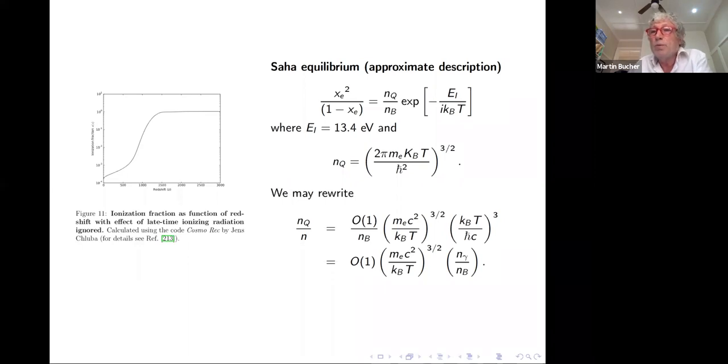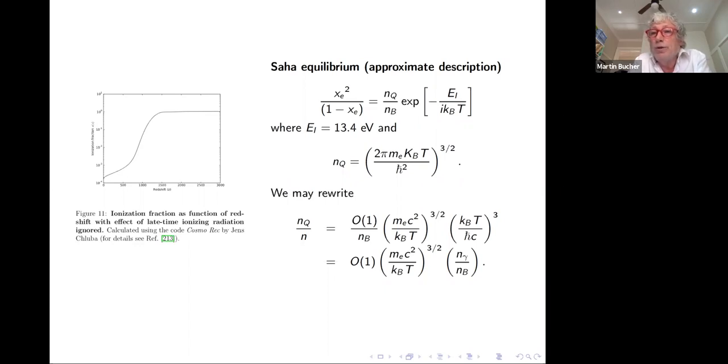So here we look at how to calculate the ionization fraction, or the fraction of the electrons that are unbound.